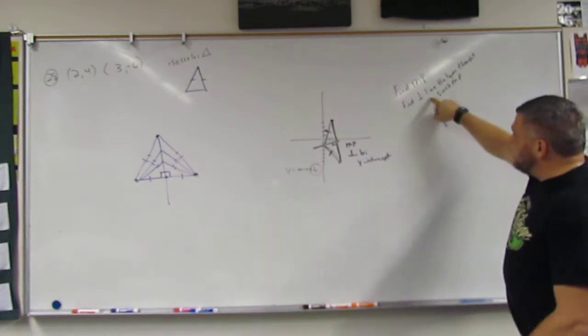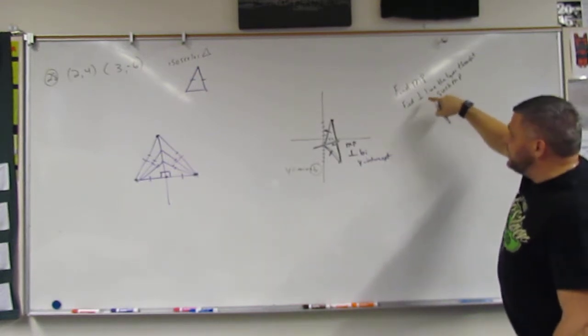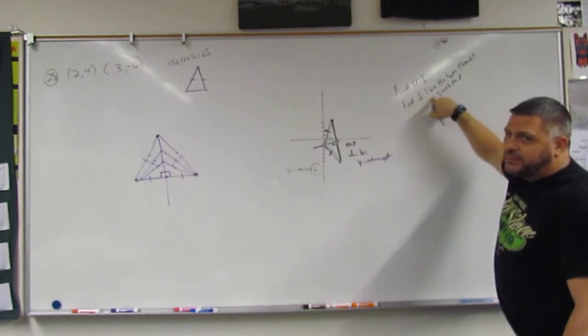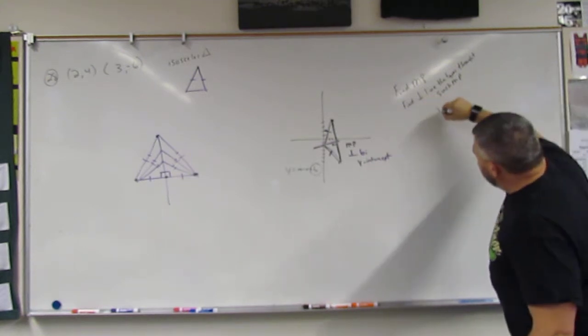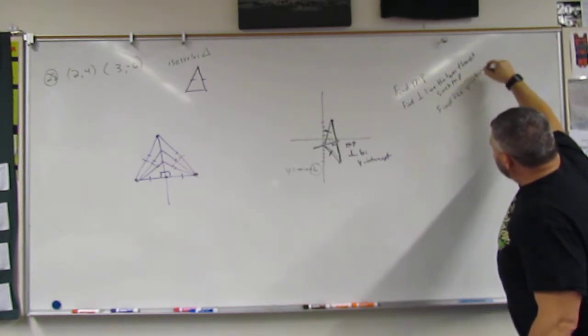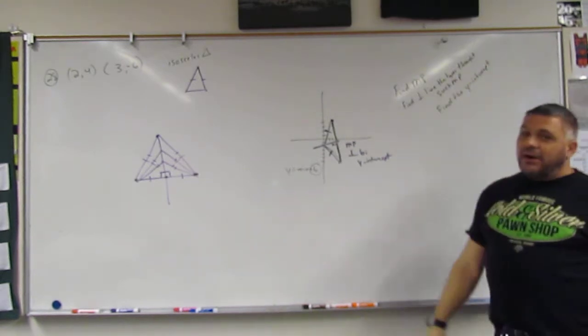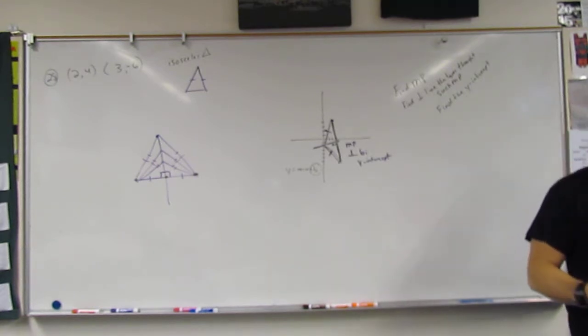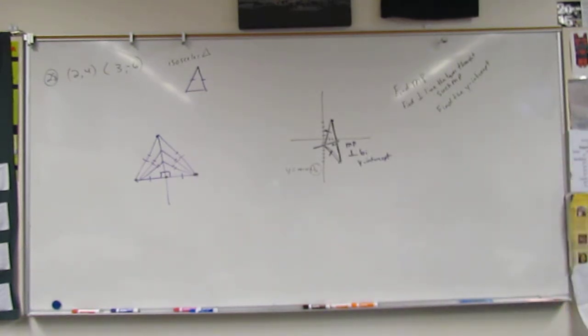And once you have that line, find that line's y-intercept. It's really not that hard. It's a lot of steps, but it's not that bad. Okay? So let's do it.